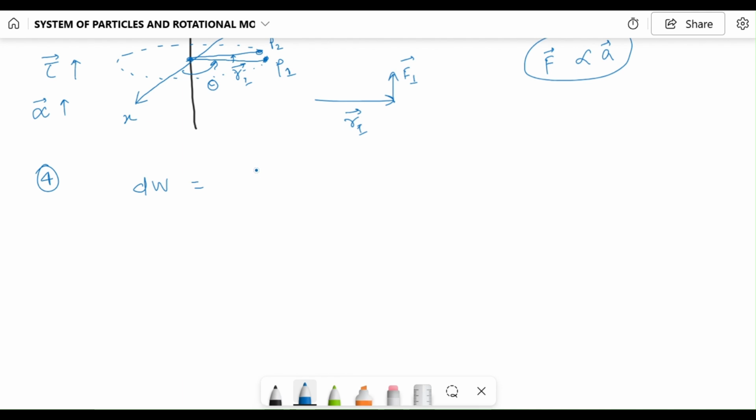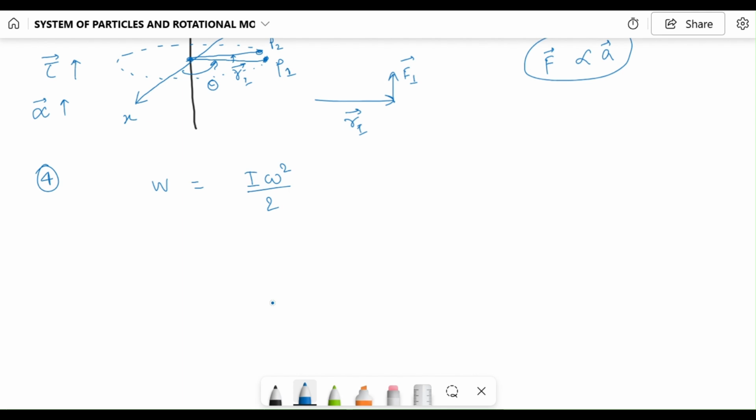Let's say if it was initially at rest, and then it comes to point P1, and up to there this particle has gained some angular velocity, let's say omega, then we can say the kinetic energy will be I omega square by 2, which is equal to the work done here, W.